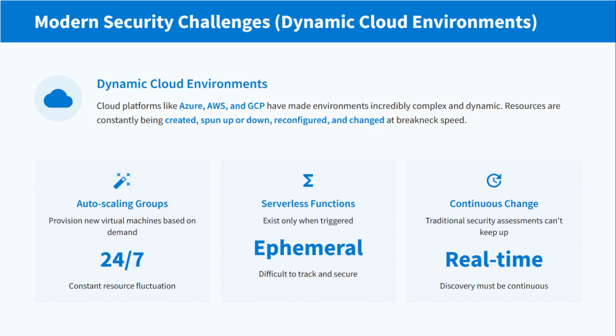We're talking about on-premises servers, cloud-based virtual machines, containers, databases like Azure SQL or AWS RDS, serverless functions, web applications, storage accounts, network devices, identities, and code repositories. Attackers are always looking for new ways in, and every uncatalogued asset might be their next entry point. Without a complete inventory, you risk overlooking critical access points that could lead to unexpected breach scenarios.